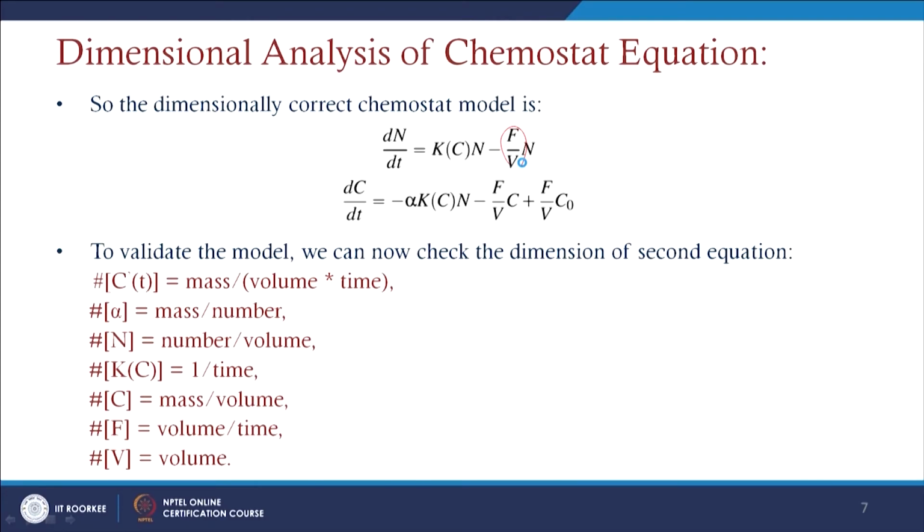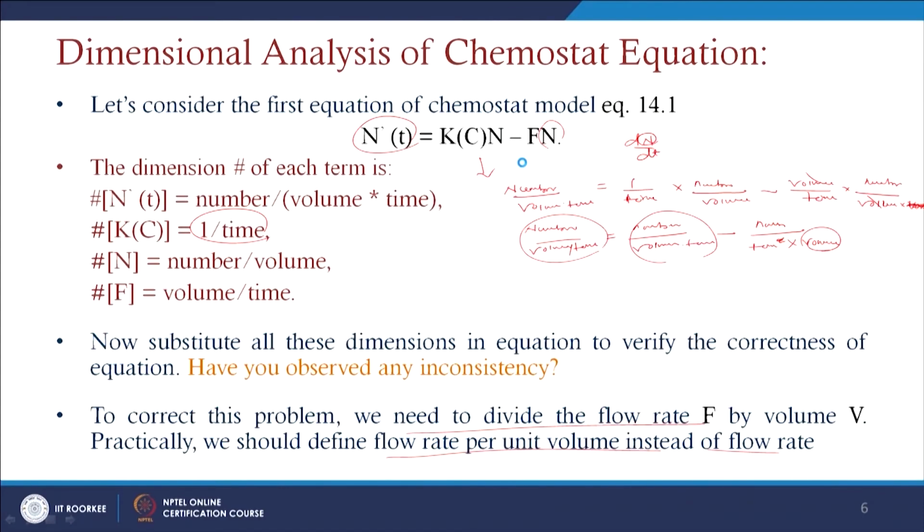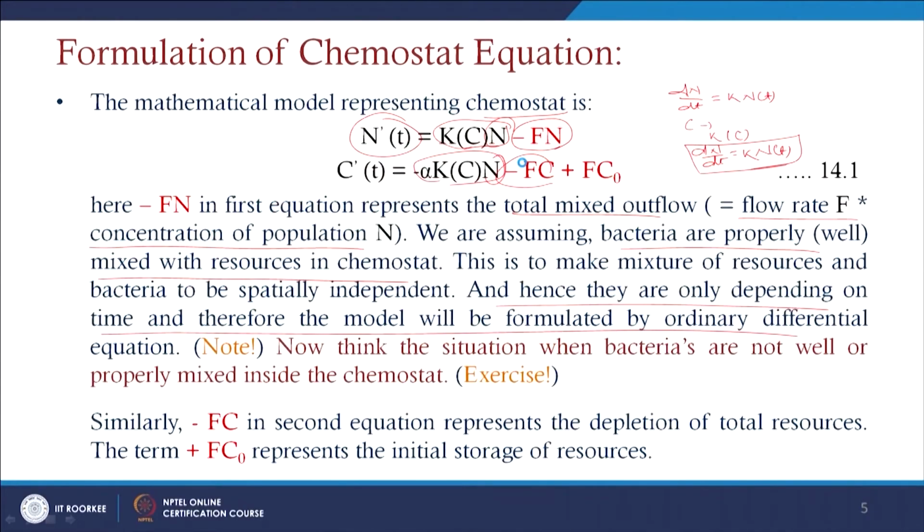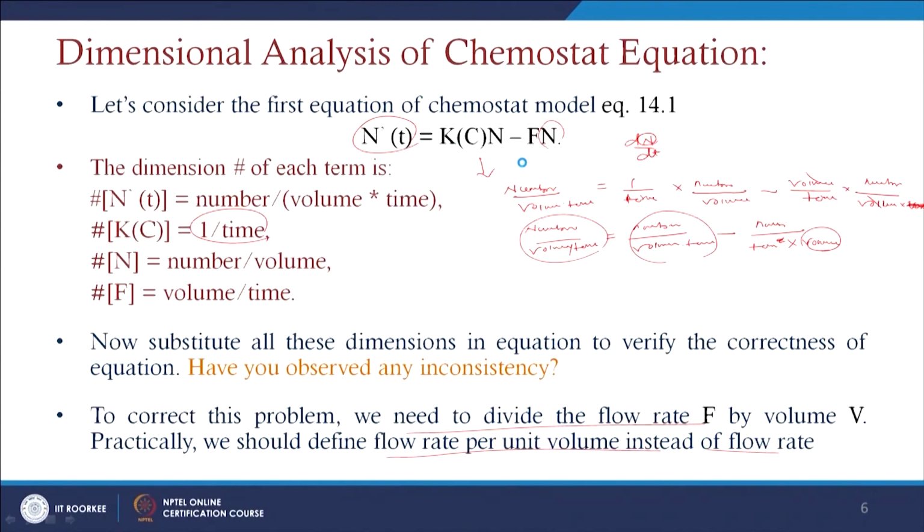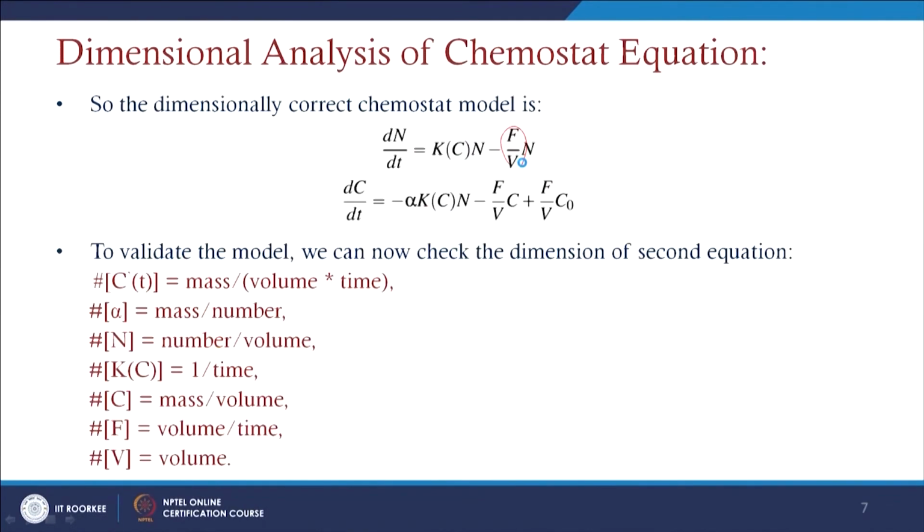And if you see this second equation here, it is defined as C dash t equals minus alpha K N minus Fc plus Fc0. We can see that this C dash t, the concentration change with respect to time, can be defined as mass per volume into time.